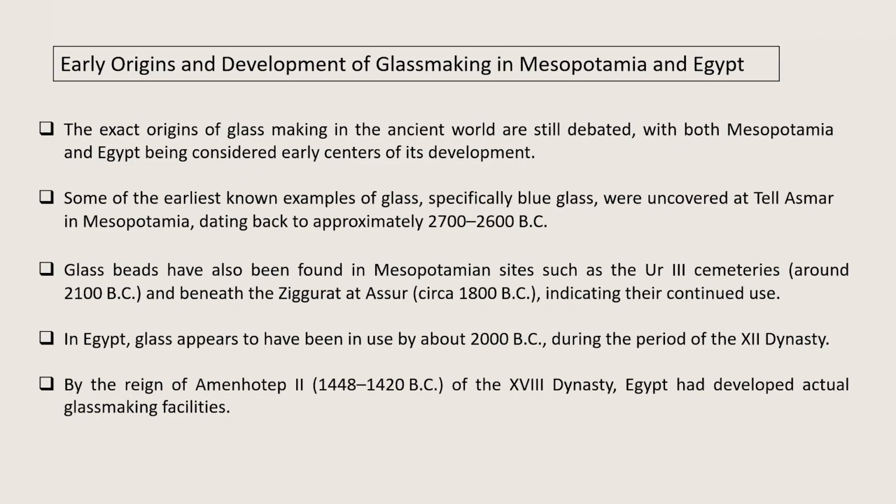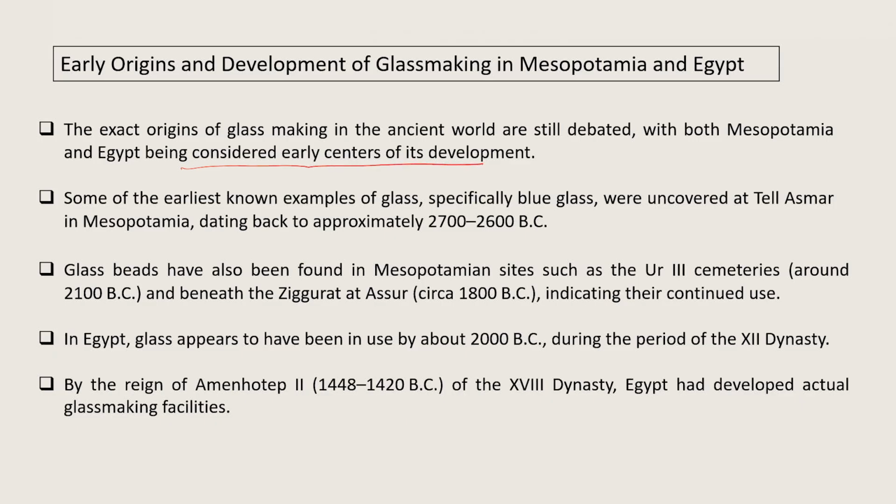Now, early origins and development of glass making in Mesopotamia and Egypt. The exact origin of glass making in the ancient world is still debated, with both Mesopotamia and Egypt being considered early centers of its development.